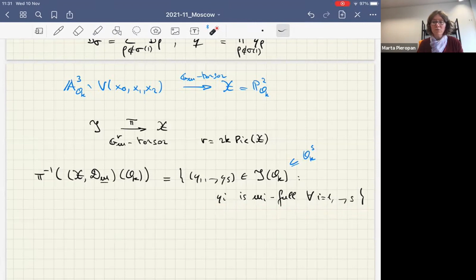So that's a very simple description in the case of toric varieties. And this is my arithmetic condition, if you want. So I'm looking at points on this open subset of my affine space, so my torsor, and I add this arithmetic condition that the points should have coordinates mi-full for every i.